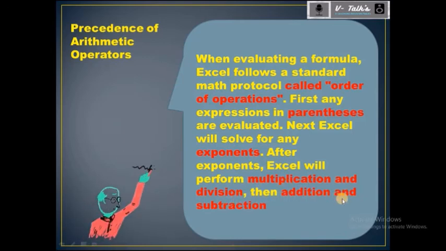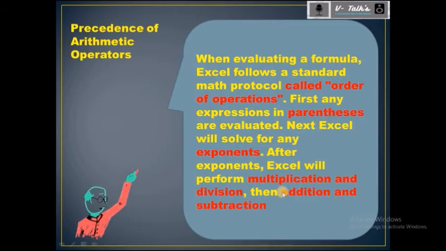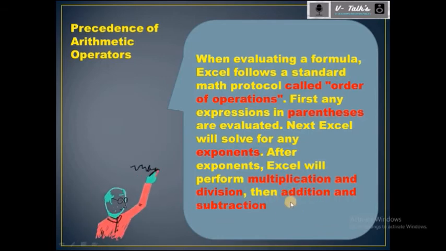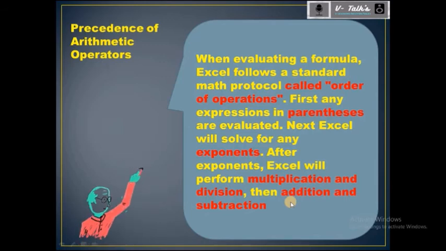Then addition and subtraction. Addition and subtraction have the same precedence, which means they go in order. For example, if the operation is 2 minus 3 plus 1, plus and minus have the same order, so 2 minus 3 will happen first, then plus 1.